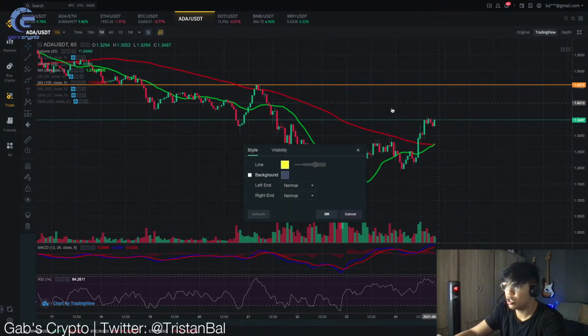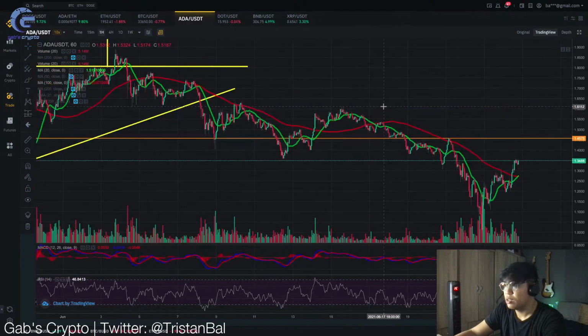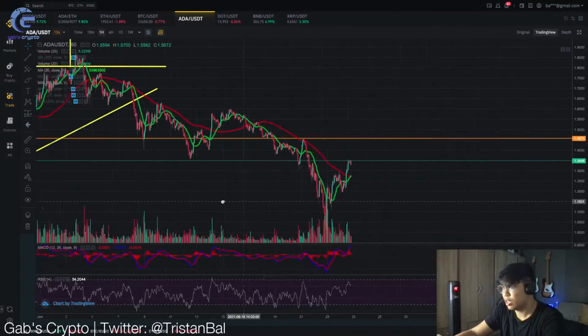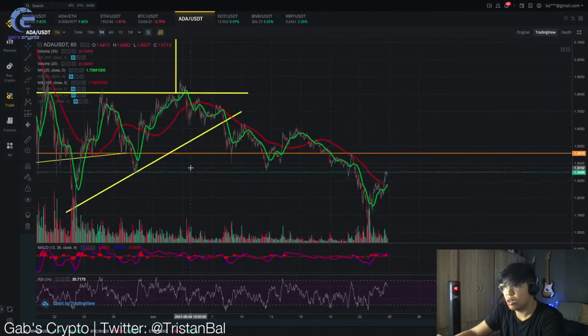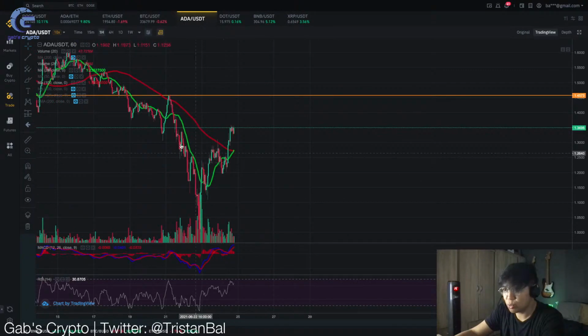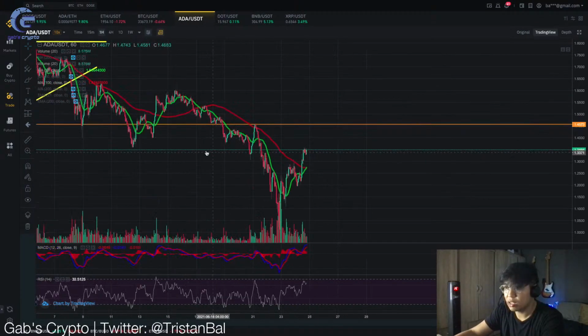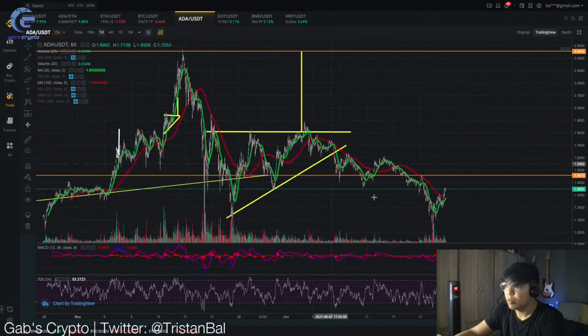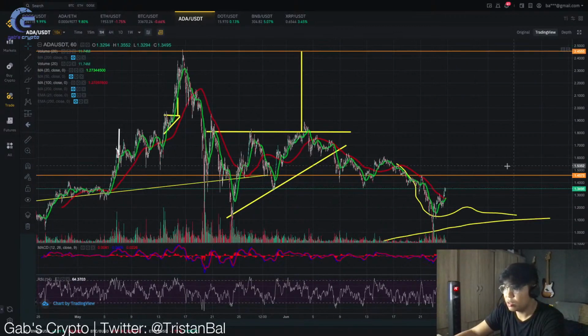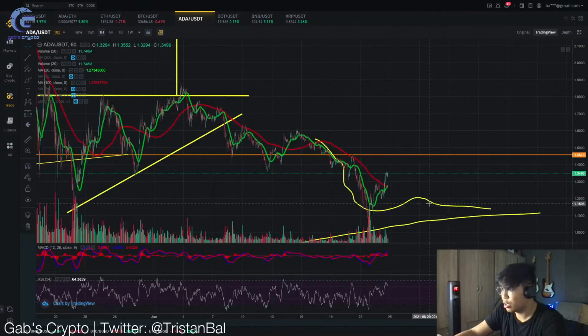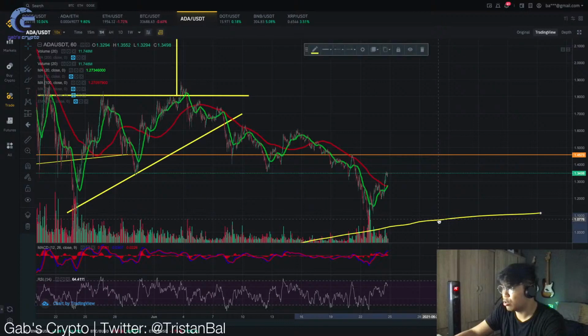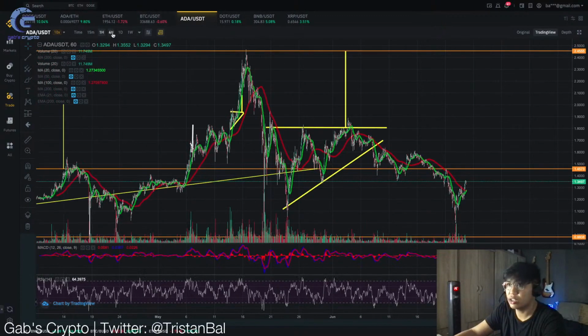Now, let's try to look at Cardano for the short term. So, for the short term, sa ngayon, there's no other areas other than the moving average to watch out for, as well as this support and resistances. Pero since we have bottomed out, nag-bottom out na tayo kay Cardano, we can actually try to do a Fibonacci retracement chart dito.